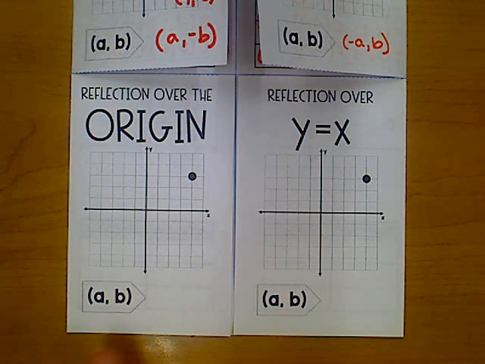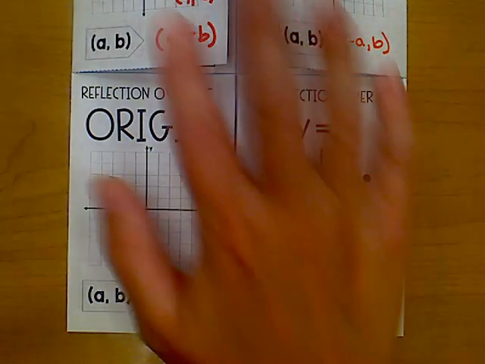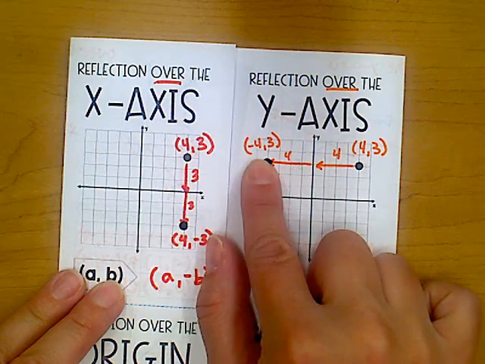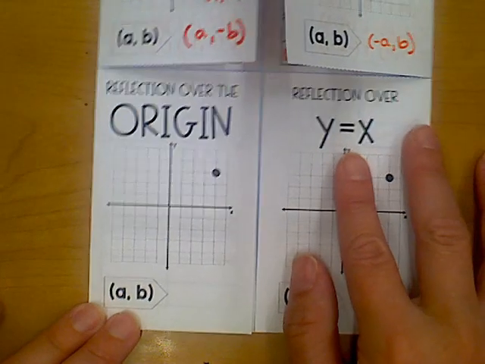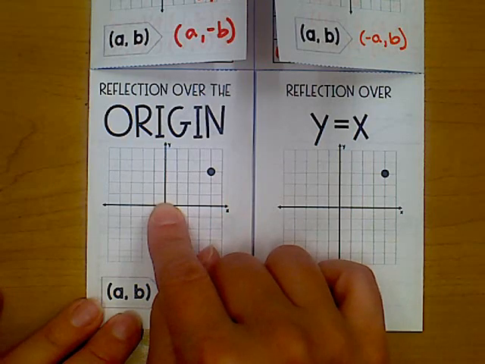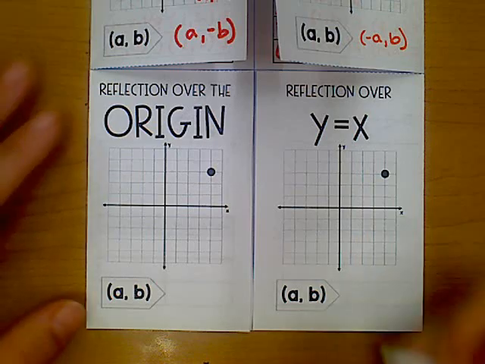When reflecting over the origin, instead of going to the x-axis or the y-axis, you're going to do both. You're going to take it to the x-axis, take it to the y-axis, and then repeat that a second time.